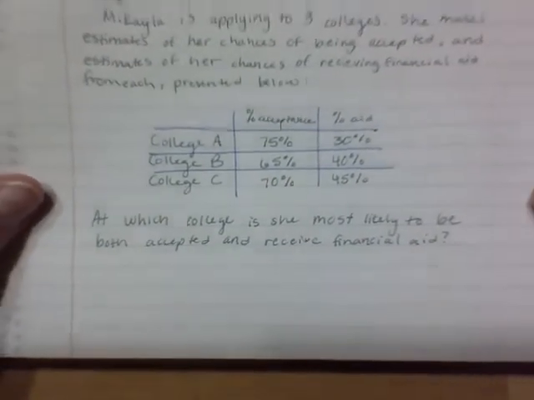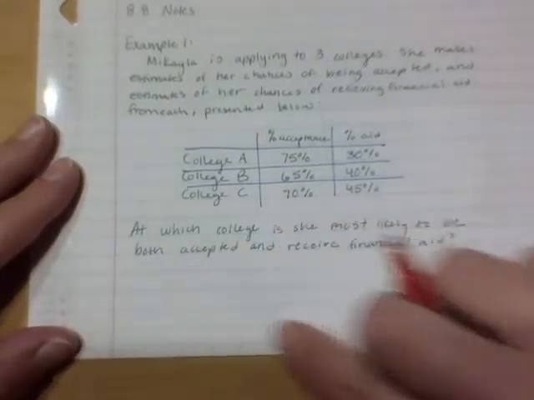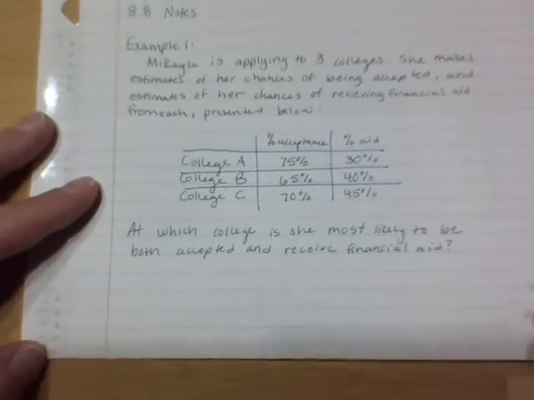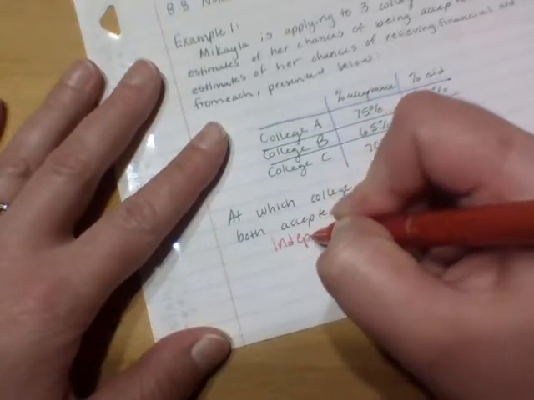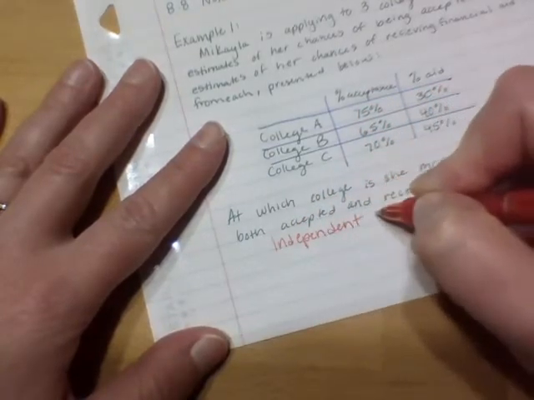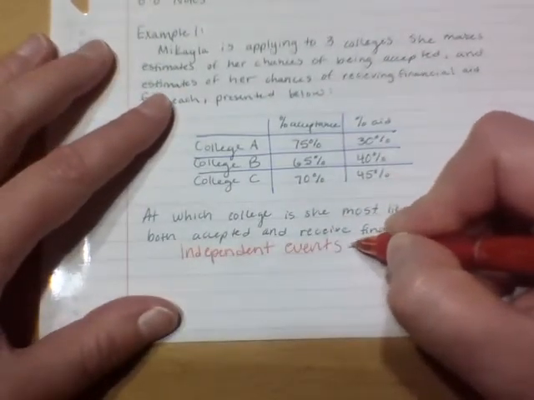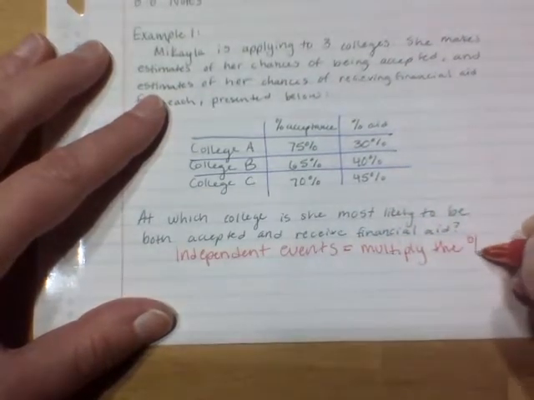So in these ones, we are going to talk about how these are related, because once she's accepted, then she can apply for financial aid. So they are going to be multiplying. Again, these are independent events. And independent events means that you are going to multiply the percentages.